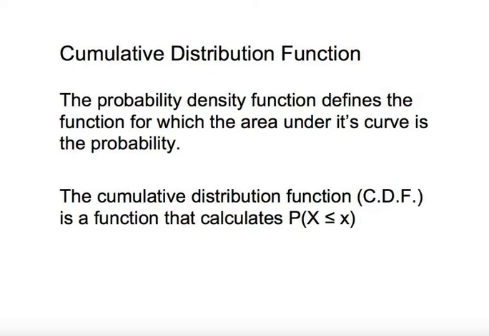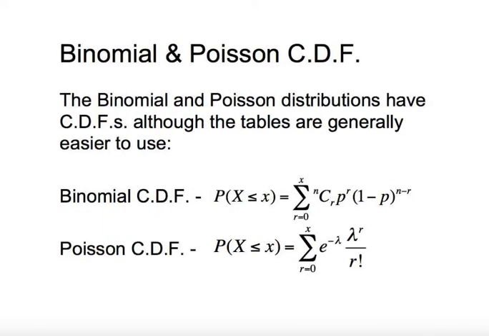And actually we've seen some of these before, previously, with the binomial and Poisson distributions. With the binomial and Poisson distributions, we've seen how to use the tables, but what the tables actually represent are the values calculated by taking the summation of all the probabilities from r equals 0 up to x using the different probability functions for those particular distributions.